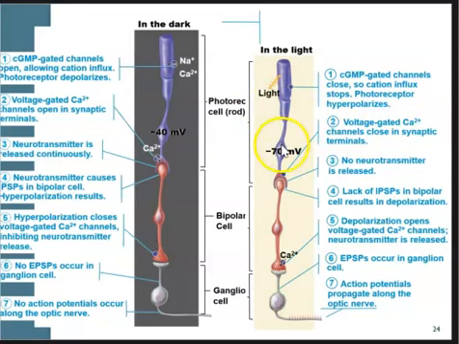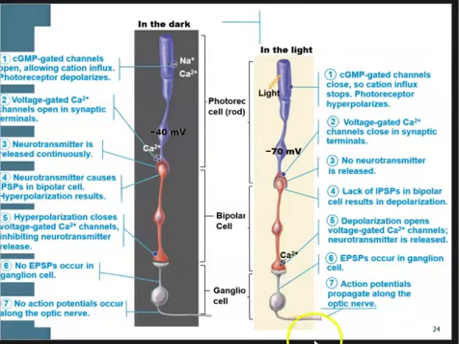When it is hyperpolarized, it will not release its neurotransmitter. When it does not release its neurotransmitter, this cell is not inhibited and can depolarize. When this cell depolarizes, it will release a neurotransmitter which will be excitatory to the ganglion cell, and the ganglion cell, once it reaches threshold, will produce an action potential.